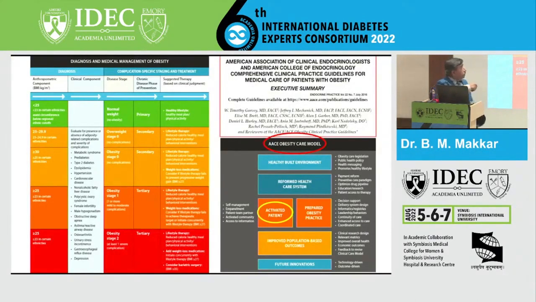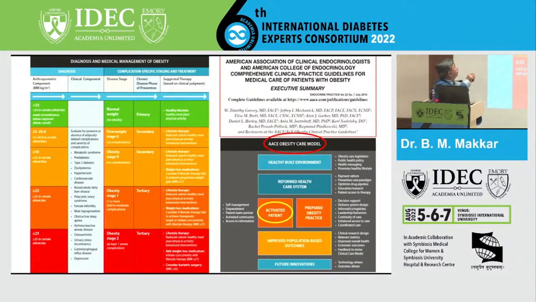It is a busy slide, but you will see here that not everybody with a BMI of more than 30 is considered a bad patient. People who have a BMI less than 25 or 23, depending on ethnicity, are all cases for primordial prevention, or primary prevention if they have risk factors.